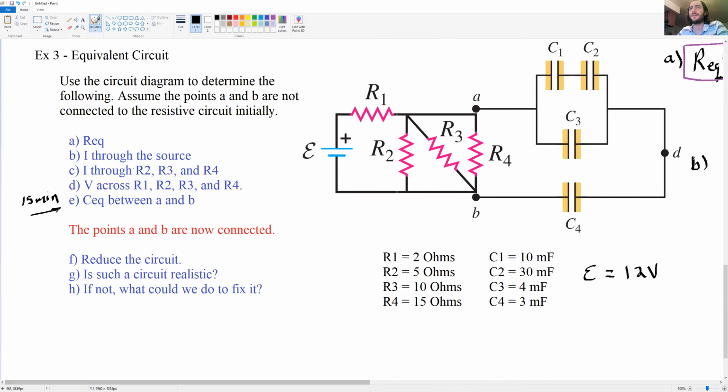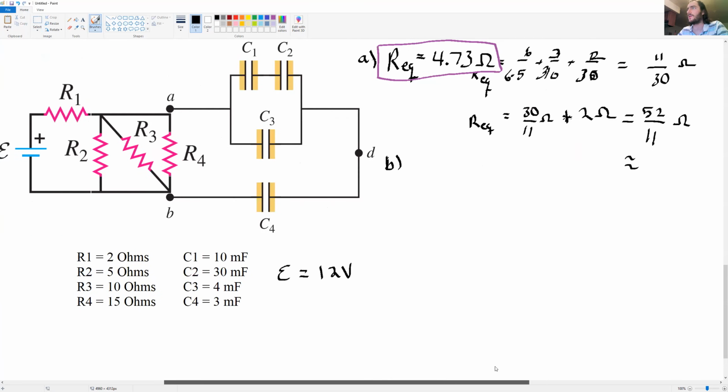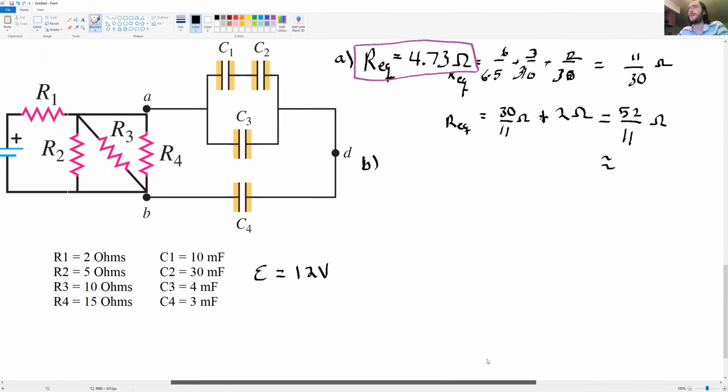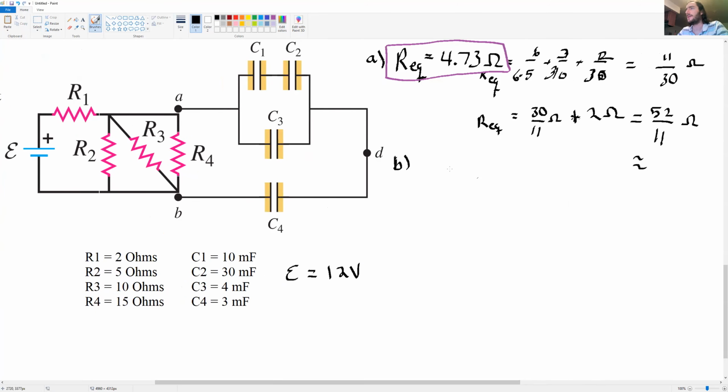Recall that part B is asking us what is I through the source. In other words, what is the current through the source? If we have REQ, then we can simply calculate the current as the EMF source divided by the equivalent resistance for the circuit. And so that tells us that the current is 12 divided by, and let's use the exact value here, 52 over 11.